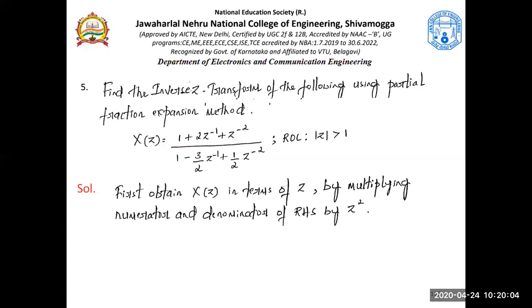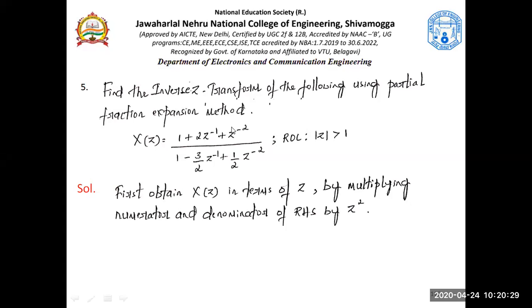So how to do that? For the denominator and numerator, you just multiply them by z square. If it has to become positive powers of z, multiply the whole equation by z square. What would it become? It would be z square here. If you multiply z square to this, it is z to the power minus 1 times z to the power plus 2, so it would become 2z.